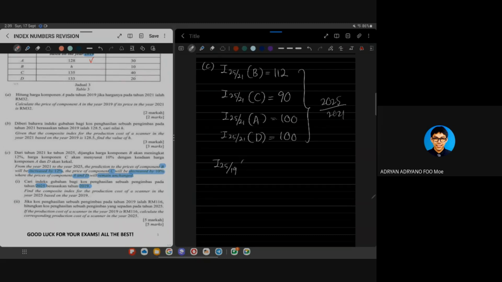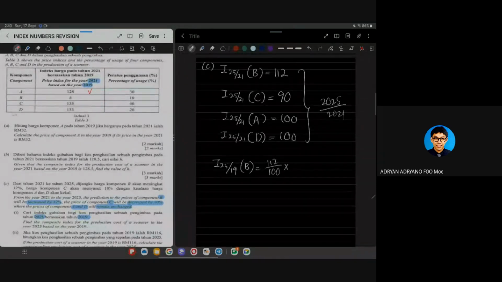Okay, let me show you what I mean. 112 over 100 times, just now 21 over 19 for B is H, and H is 95, right? So 112 over 100 times 95.